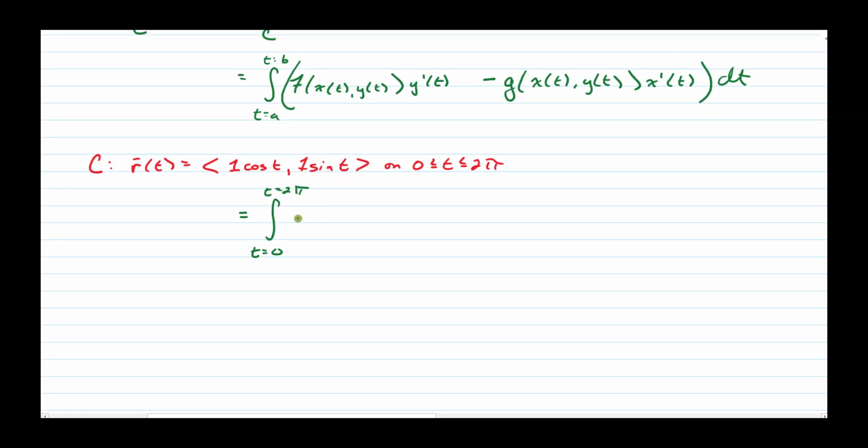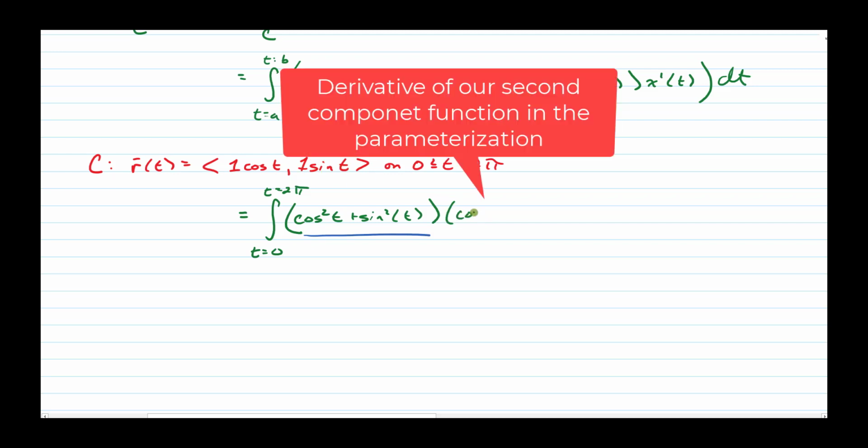So that will be cosine squared of t plus sine squared of t. That is our f of x of t, y of t. And we're going to dot that with y prime, or multiply that by y prime of t, which is our derivative of the first component function, which is the cosine of t.